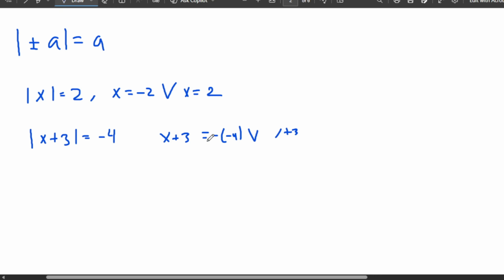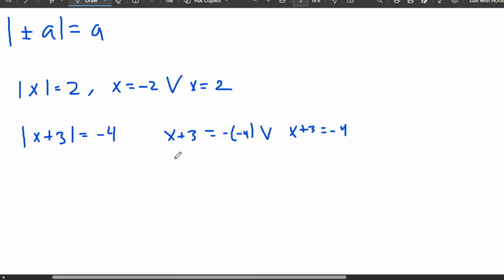So when x plus 3 equals 4, x must be 1, right? And x must be negative 7.